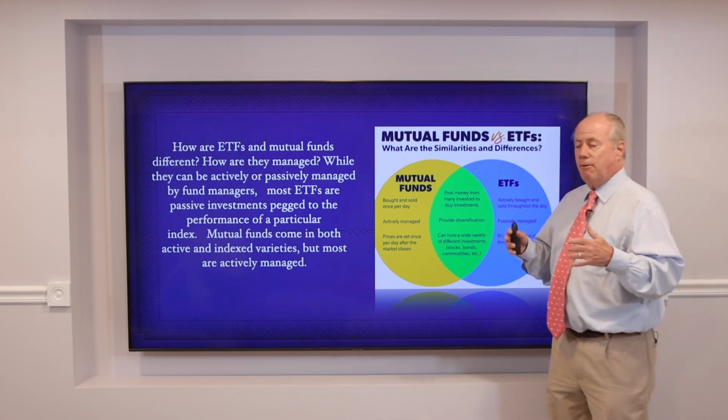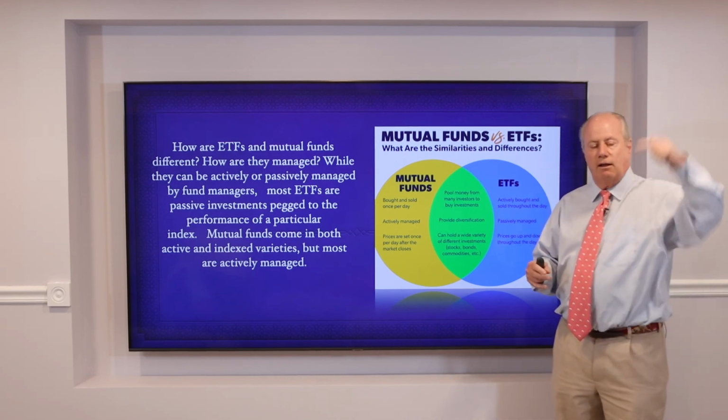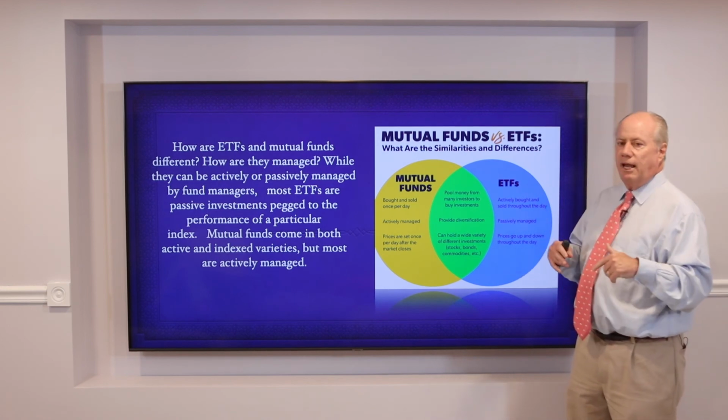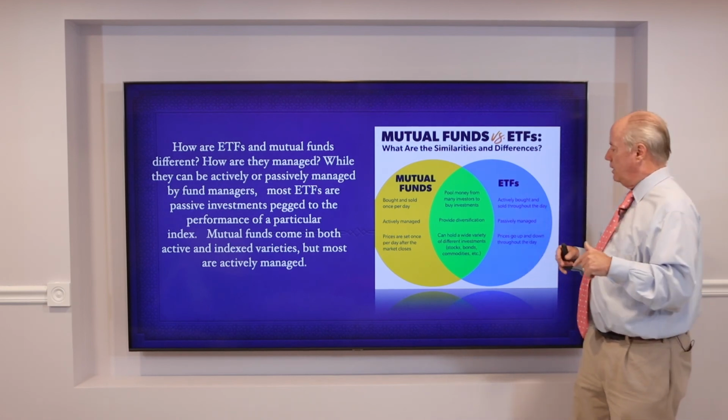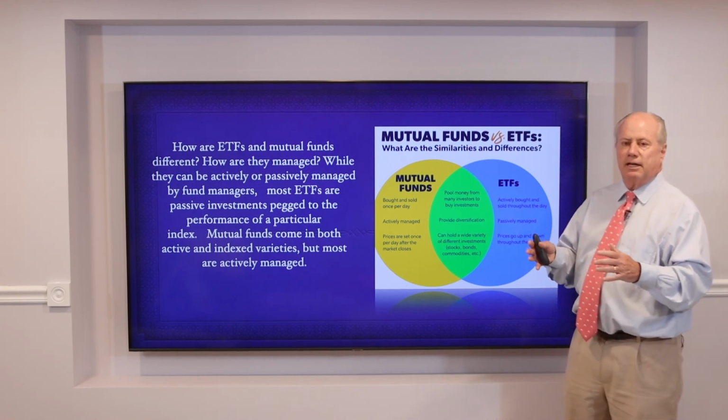Now, what separates them is that you can trade an ETF all day long. You can buy them and sell them all day. You can't do that with a mutual fund. You also typically have passively managed funds.